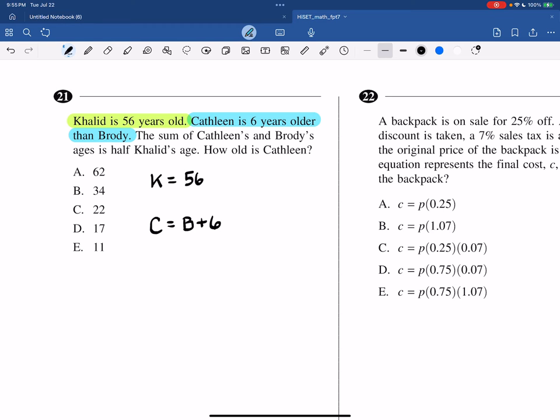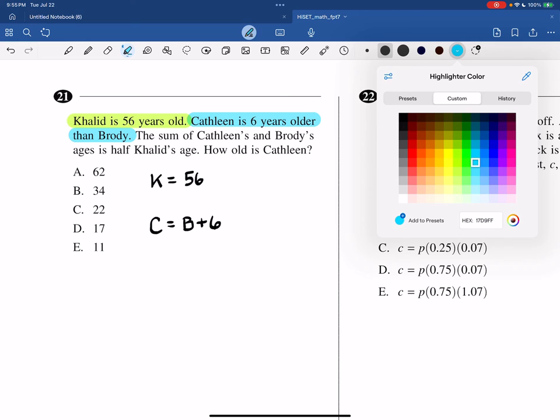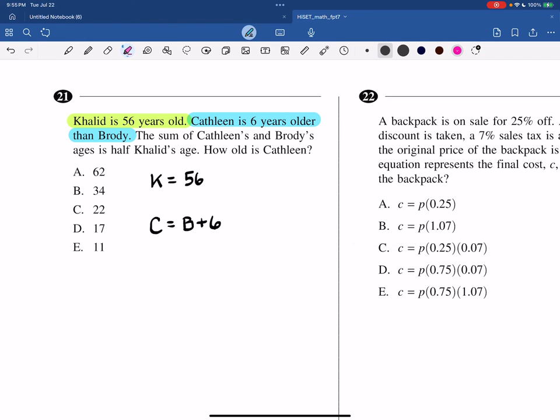And then they tell me one more piece of information. The sum of Kathleen's age and Brody's age is half Khalid's age. So Kathleen and Brody are half of Khalid's age.